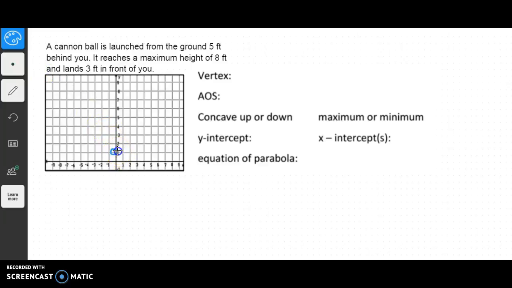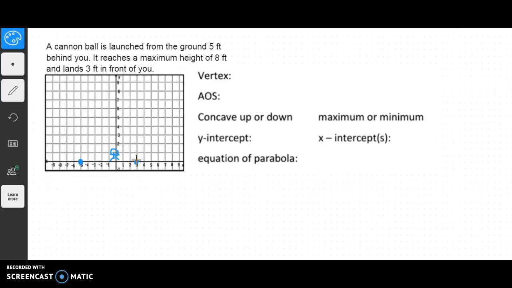So you're right here standing on the origin, okay? And all we know is that it launched 5 feet behind you. So let's assume we're facing forward in the positive axis. It's going to start 5 feet over here. So that's our first intercept. And it lands 3 feet in front of you. Well, this is our other intercept over here.